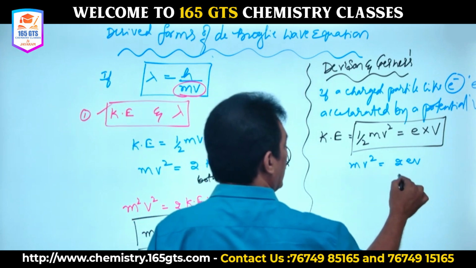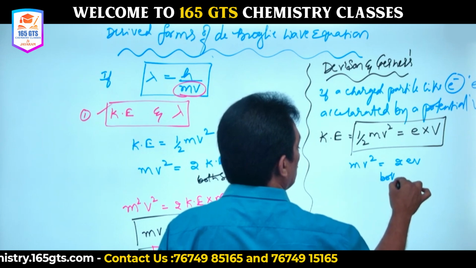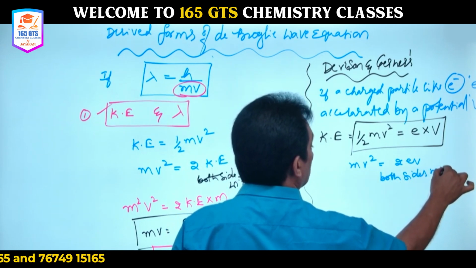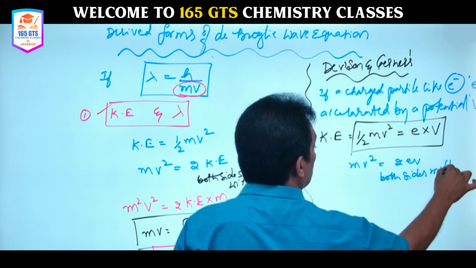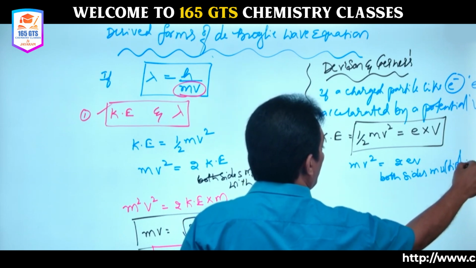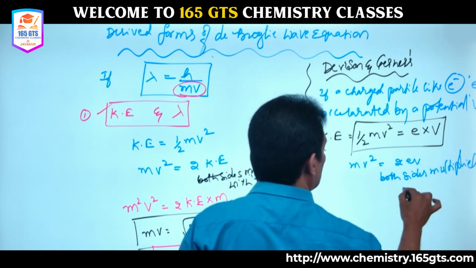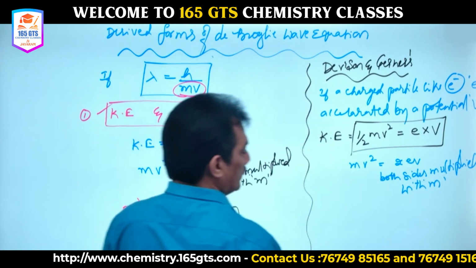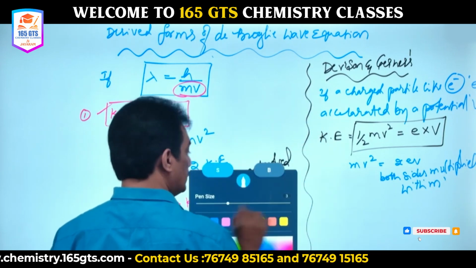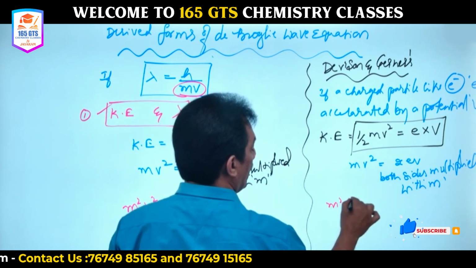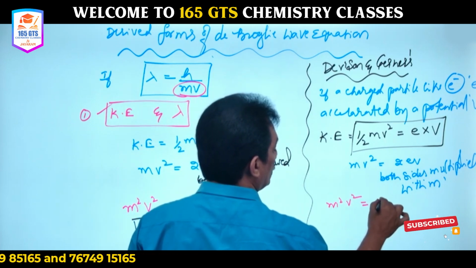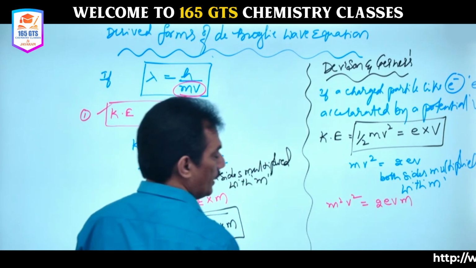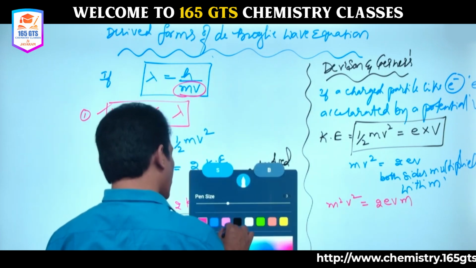Now on both sides multiplied with m, similar to this one, then what we are getting is m square v square is equal to 2eVm. But what we require is mv.